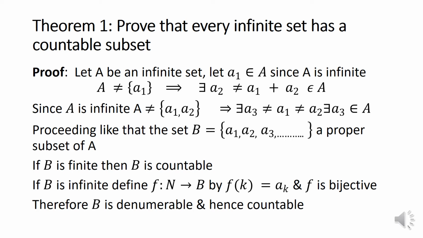If B is finite, then B is a countable set. Here we have considered B as a proper subset of A. Therefore, if B is finite, then B is a countable set.